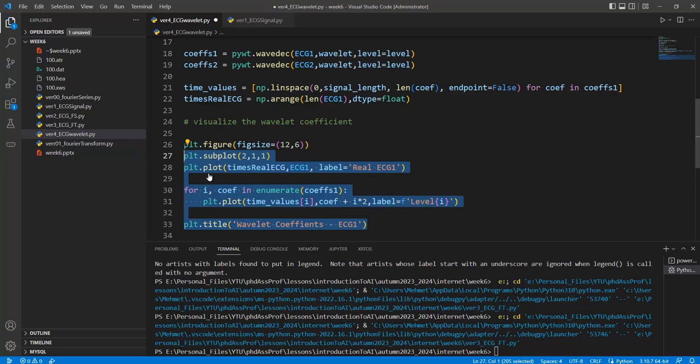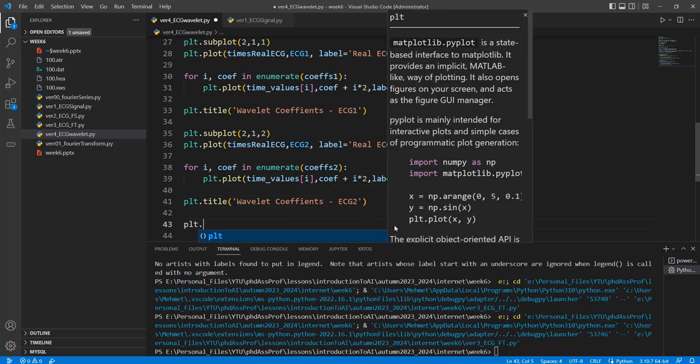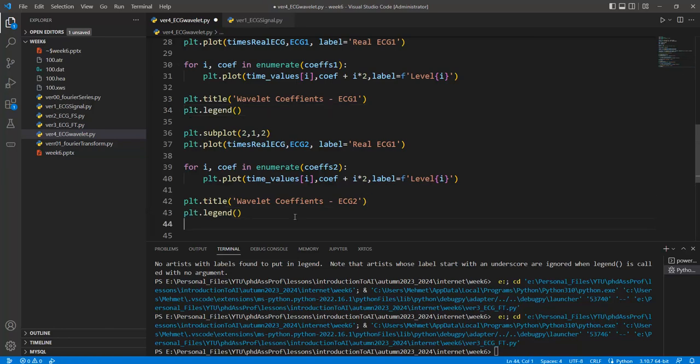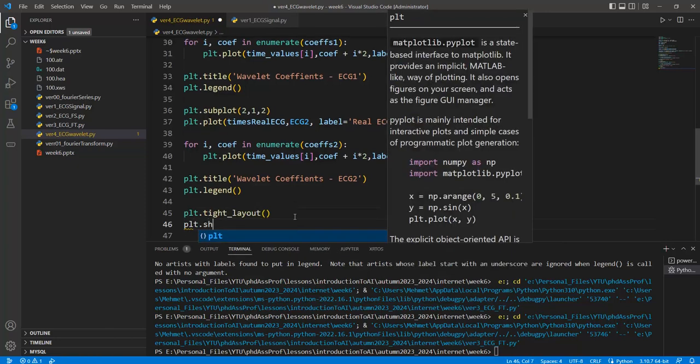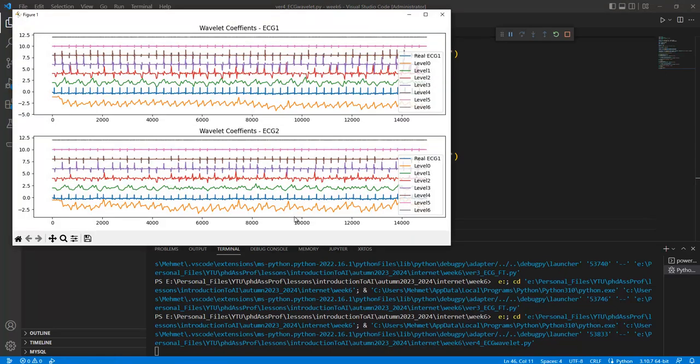And so in the second case I shall only change with what, 2, okay, and this is 2 and this is 2 and this is 2, and plt.legend must be given, and plt.tight_layout and plt.show must be given at this case. Okay, we have this pattern in here like this one.